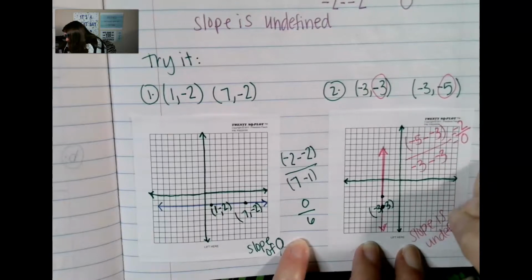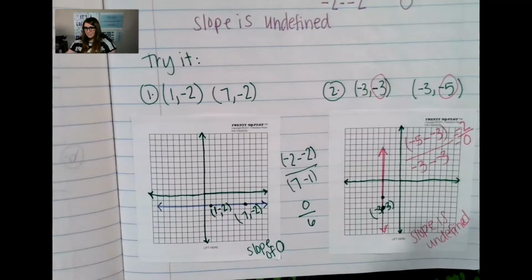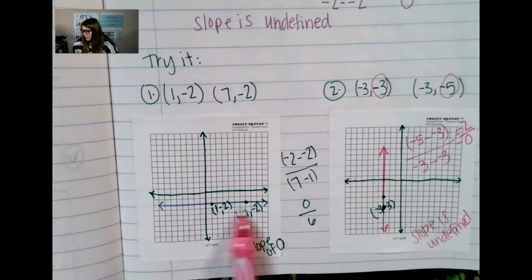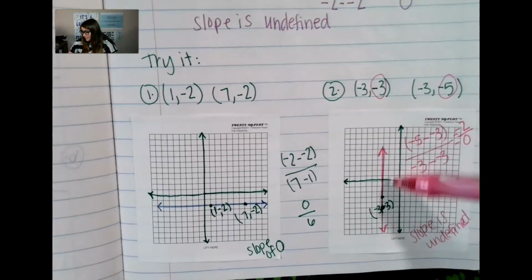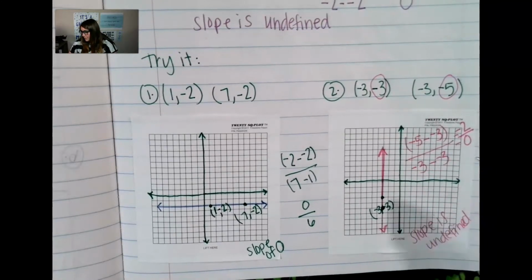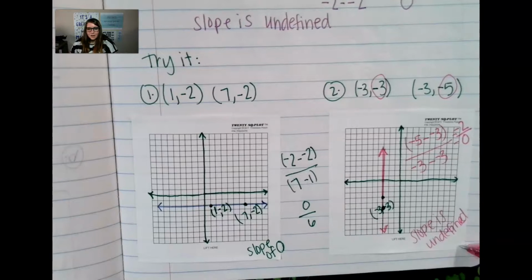You actually don't even need to solve these ones. With these ones, if it creates a horizontal line like this, the slope is just going to be 0. If your line goes up and down vertically, your slope is undefined.